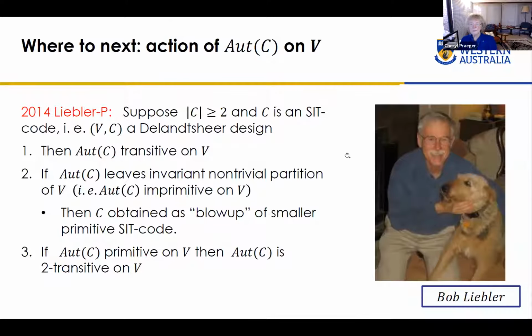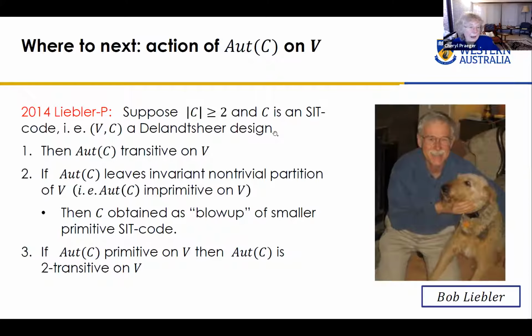Where to next? Well, let me tell you a bit more about what Bob and I proved. So suppose that there's at least 2 codewords, and that we've got our code C being an SIT code, or think of it alternatively as BC being a de Lancher design.